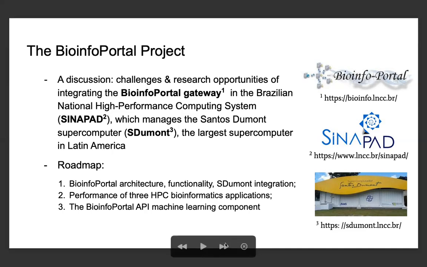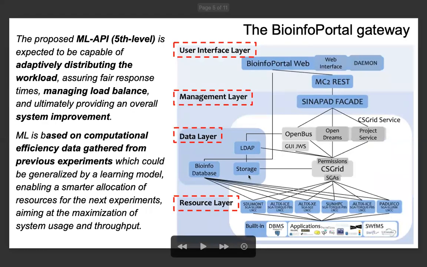The first is this architecture. This is a 4-level BioInfo portal gateway. The first layer is the user interface that connects the user with the architecture of the BioInfo portal gateway.